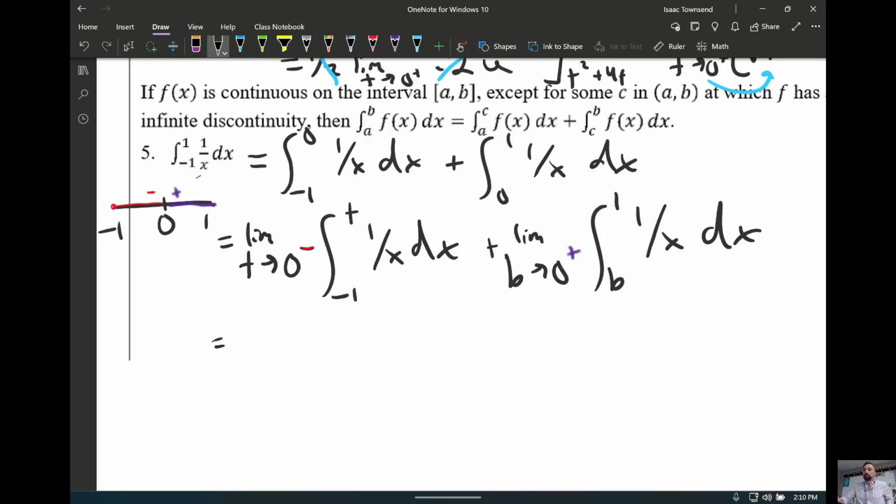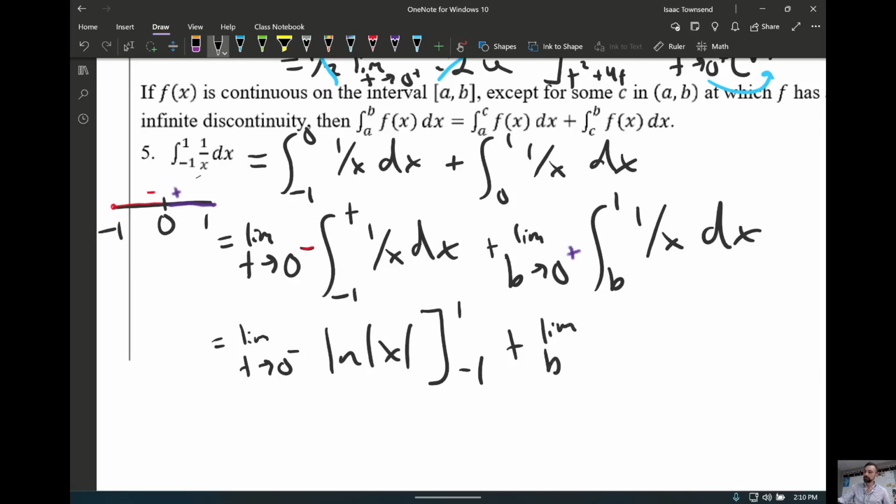Okay, but 1 over x integrates nicely. Natural log absolute value of x. Make sure you do the absolute value, because otherwise you're not going to deal with the negative. Over here, this is going to integrate nicely. Natural log absolute value of x, and it's from b to 1. That was a t.